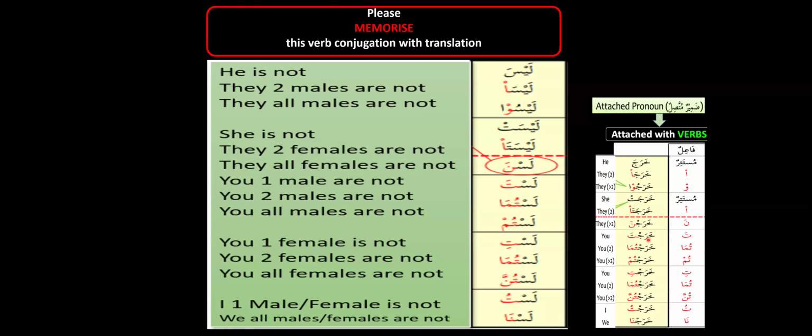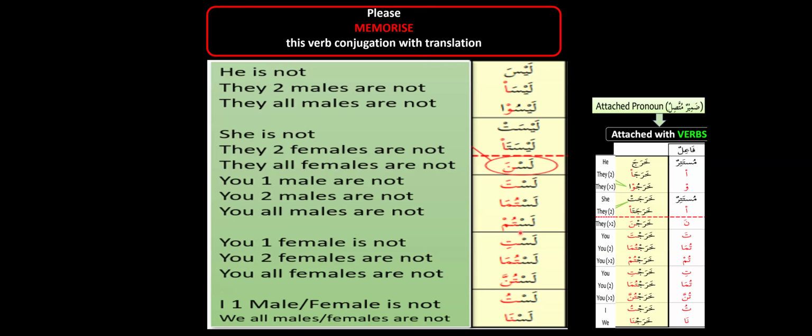Kharajta, you have all three letters of the verb, and the ta of the pronoun. What is happening? Lasna, where has the ya gone? Lasta, where has the ya gone? Lastuma, lastum, in all of these after number 6, you will see that the ya of the verb has been deleted. There are only two letters, lam and sin. Originally, it was lam, ya, and sin. Where has the ya gone?